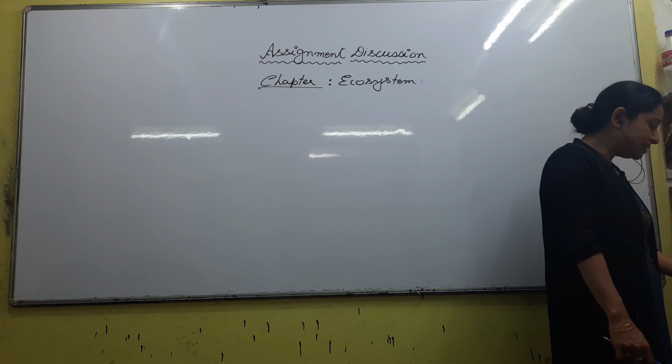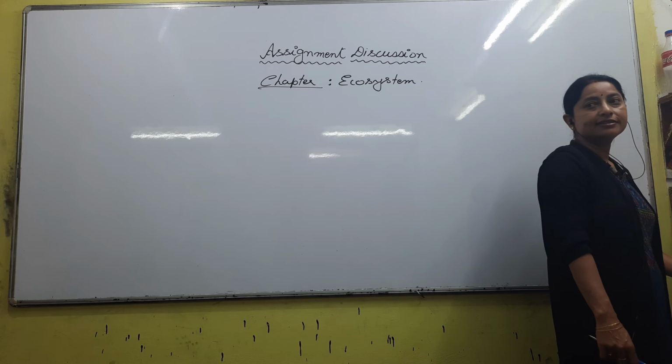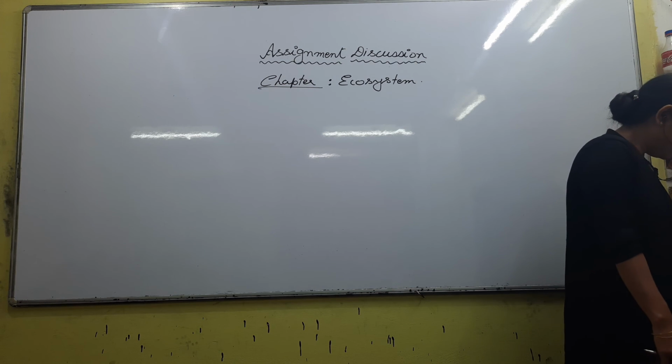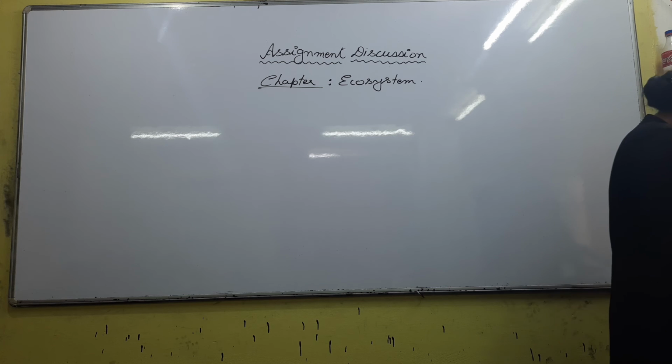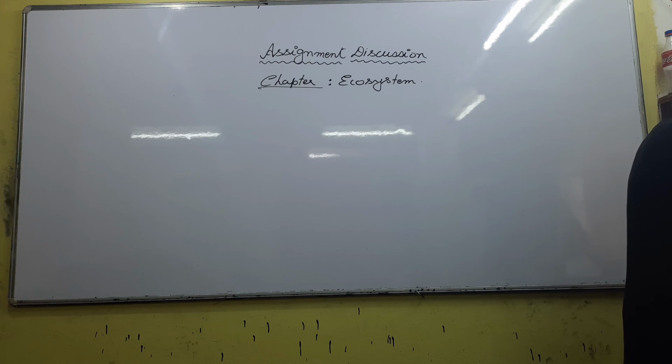Question number 22: in ecological succession the climax community is best recognized by... the answer is A. Which of the following statements is incorrect: ocean contains about 71% of total water.